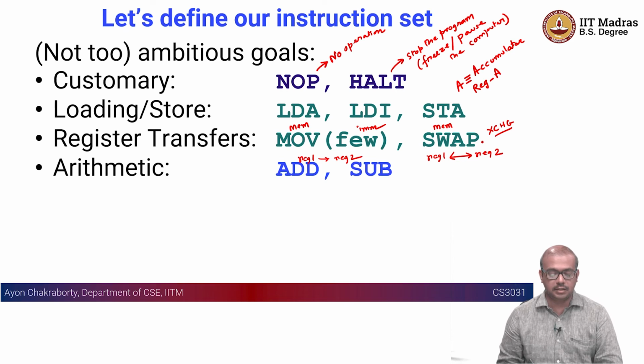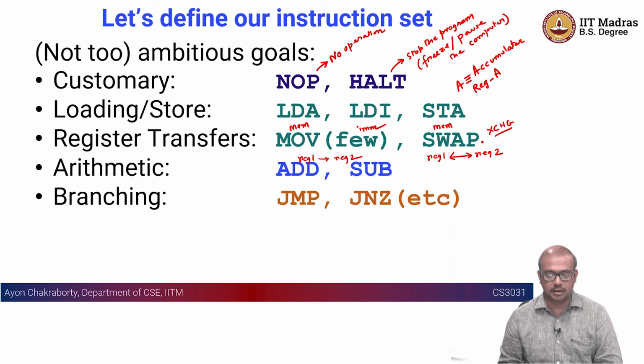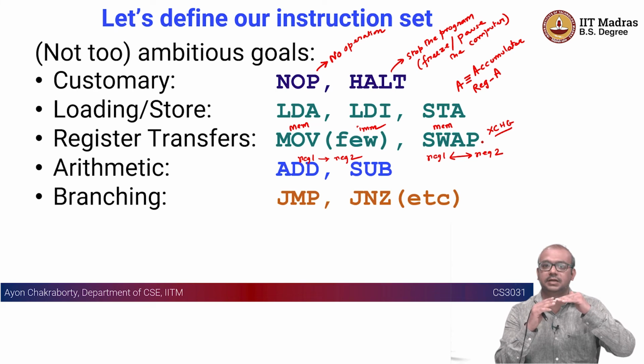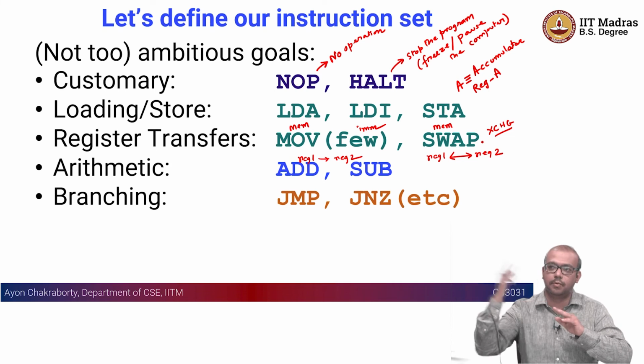Then you have arithmetic operations. It could be addition, subtraction. These are the 2 things that we are going to support. And we are also going to have some branching instructions, which are similar to your goto. Once you execute a few steps in the program, based on a certain condition, let's say if A is greater than B, go and do something.